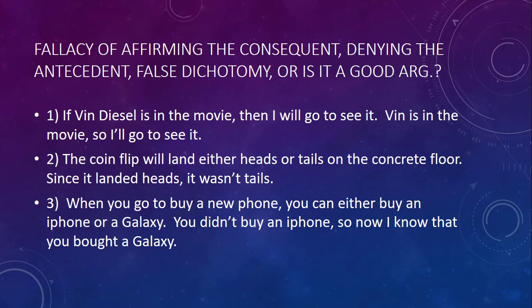So this is a false dichotomy. It's a false dichotomy in that there are other alternative options. And if the second premise is true and you didn't buy an iPhone, you cannot therefore conclude that you bought a Galaxy. Right? You would not be warranted in concluding that because there are many other possible phones that this person could have bought.